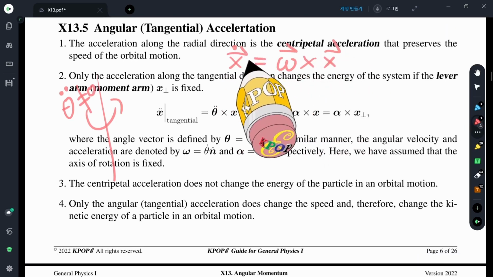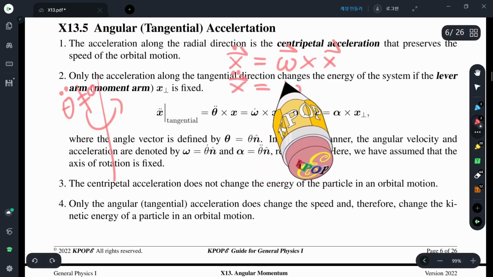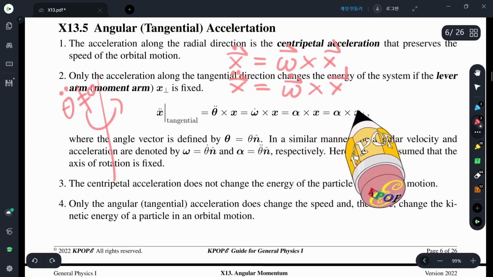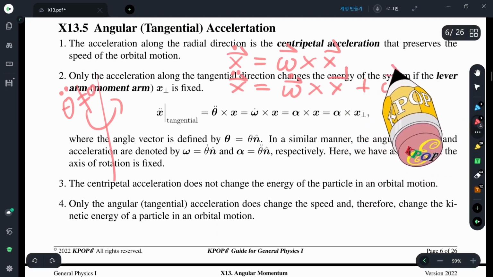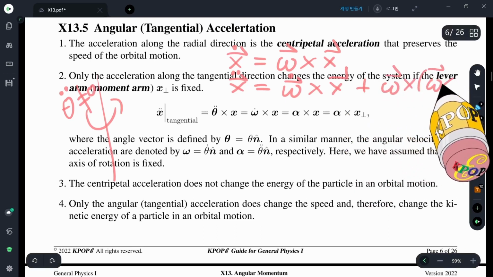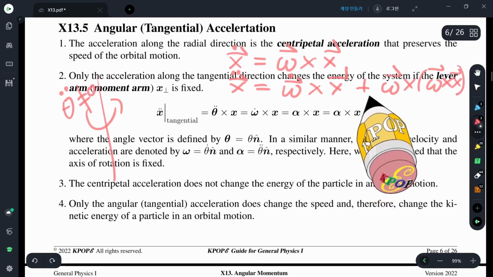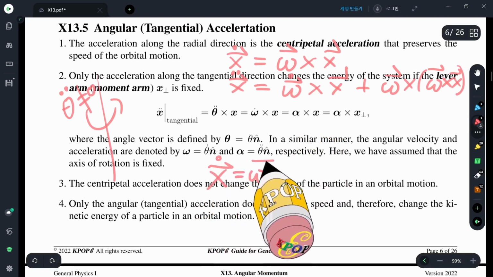If I take one more time derivative, what I get is the angular velocity's derivative, omega dot cross x, plus omega cross x dot, because x dot equals omega cross x.